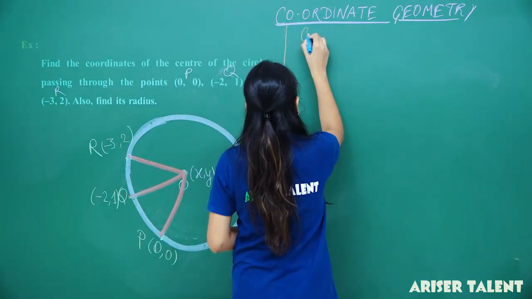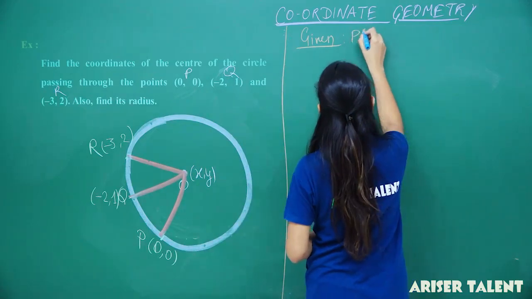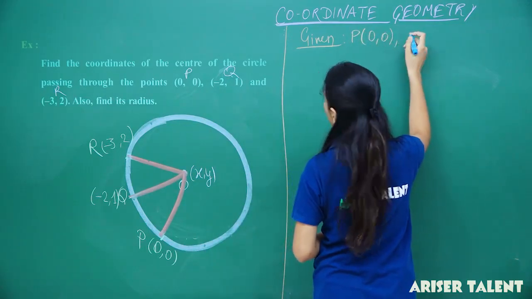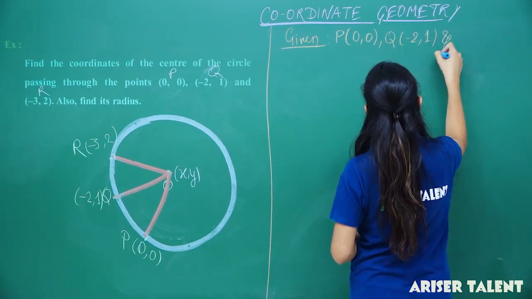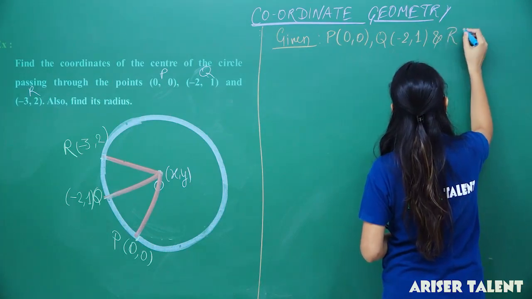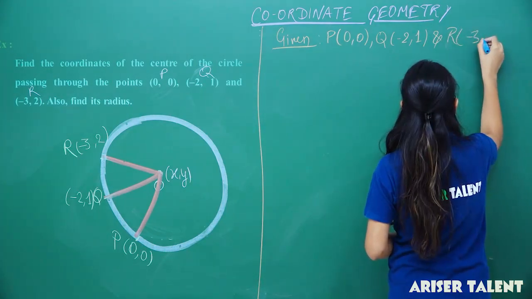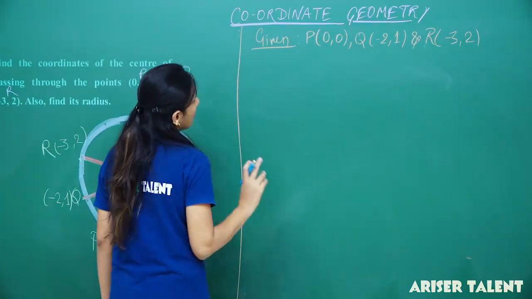So what is given to us, guys? This is the point P, which is the origin 0, 0. This is Q, which is minus 2 and 1, and the last one is R, which is minus 3 and 2. These are the 3 points.